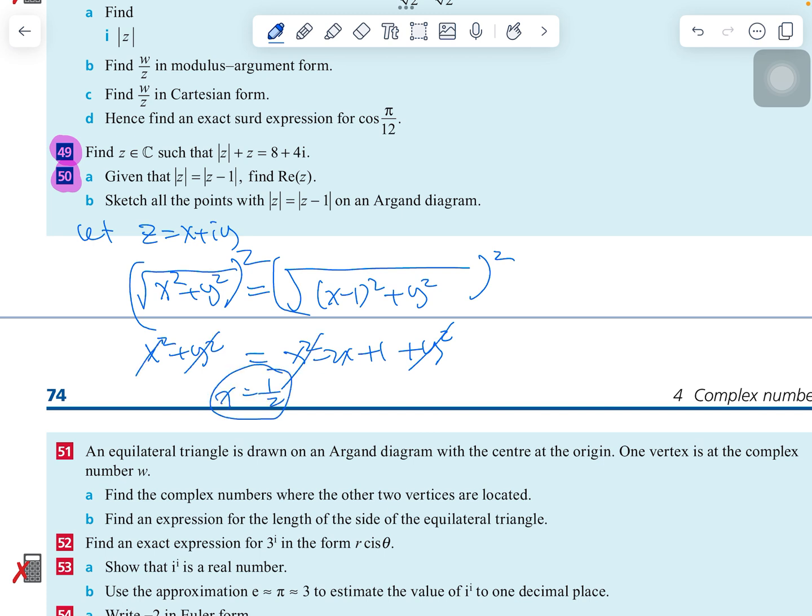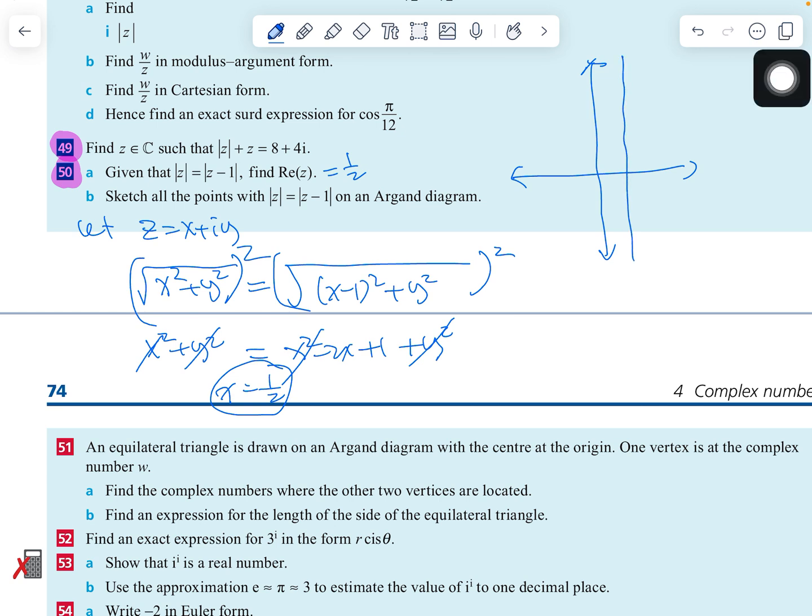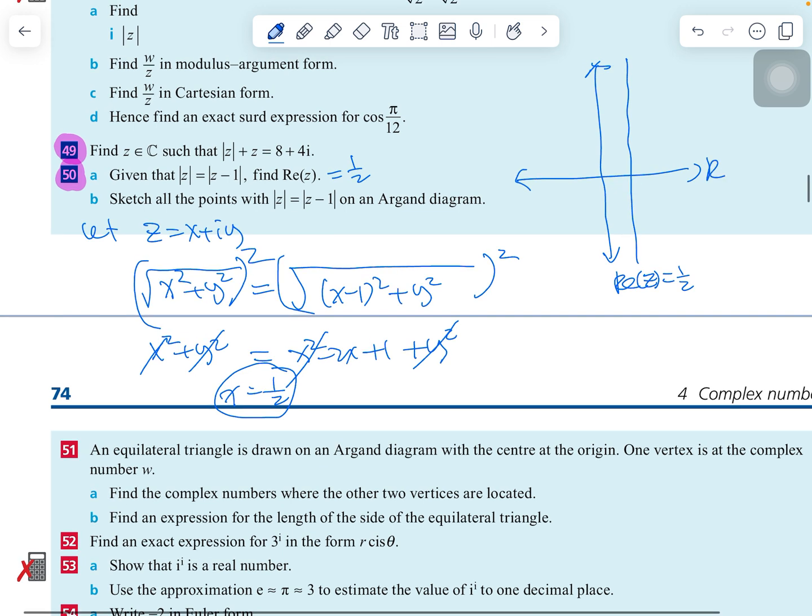So the real part is 1 over 2. But only this is the condition. Actually, it doesn't matter about y because the result is independent from y. So if we want to sketch the graph of the solutions, we can draw the graph here, which is real part of z is 1 over 2. That's it.